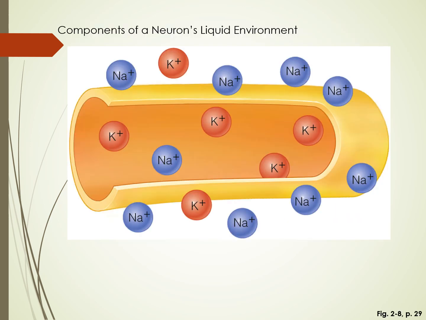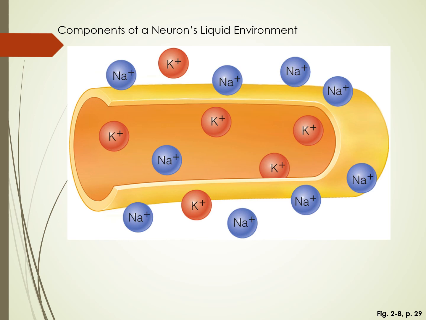If we look at why this action potential occurs, it's important to start by looking at the components of the neuron's liquid environment. What you can see in this picture is there's more sodium. There are little blue dots that say Na+. Na+ is sodium.